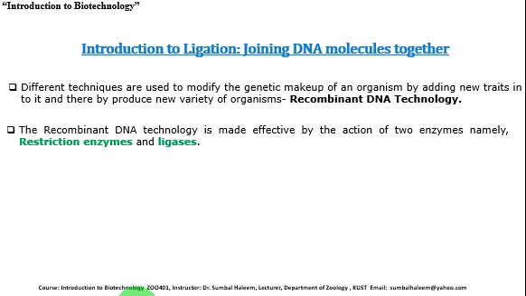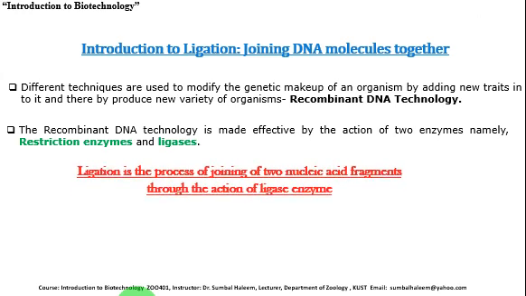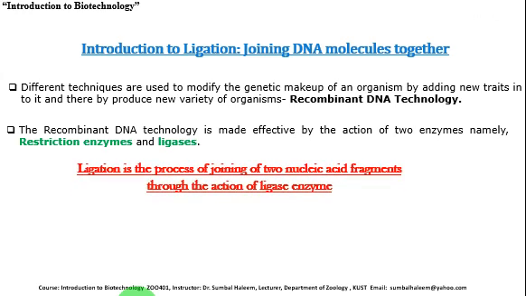They do the ligation. Ligation is the process of joining of two nucleic acid fragments together. The fragments generated by restriction enzymes are joined together through ligase enzyme, and this process is known as ligation.